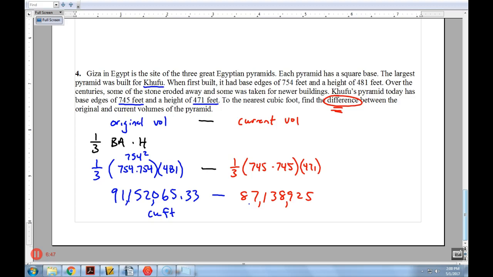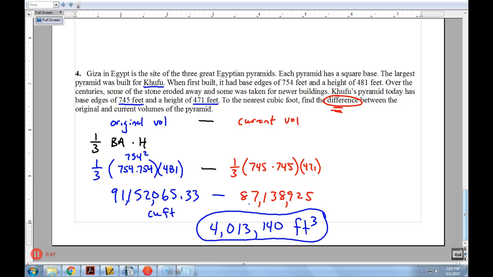Let's bust this out. 9115265.33 minus that last answer is 4,013,140, and it didn't say where to round to, so that'll be the nearest foot. Cubic feet, or feet cubed. So that pyramid has lost 4 million cubic feet since it was built, back whenever it was built. I don't really have a year on that.